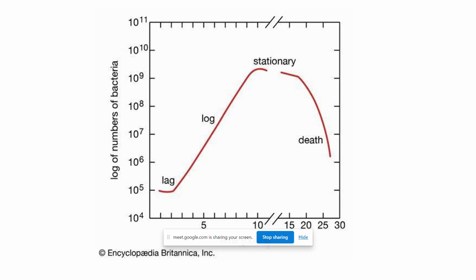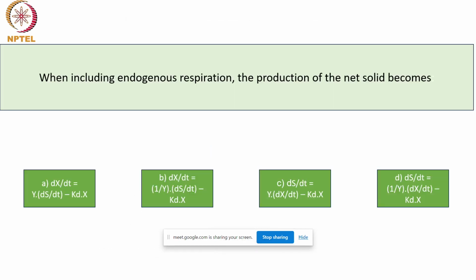As a whole, the net bacterial growth rate dx by dt net will be equal to ds by dt into yield, that is dx by ds, minus Kd into x.